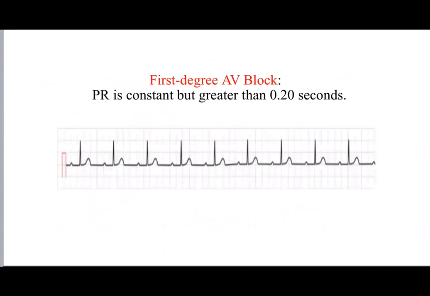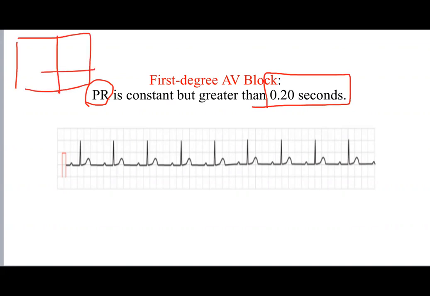Our first degree AV block. First degree AV block is much like a normal sinus rhythm, but the only difference is that the PR interval is going to be greater than 0.20 seconds, right? Let's remember, PR is the time between when the SA node fires and when the AV node receives. It's like, honey, yes, dear. Honey, yes, dear.